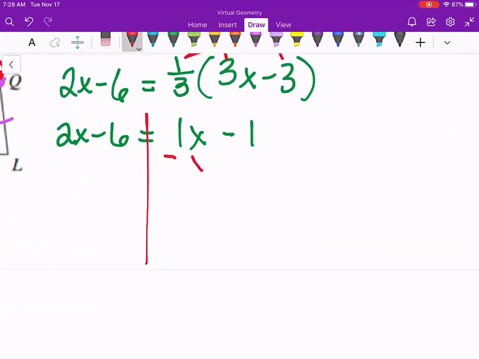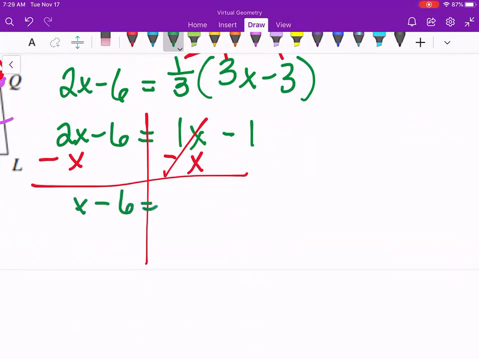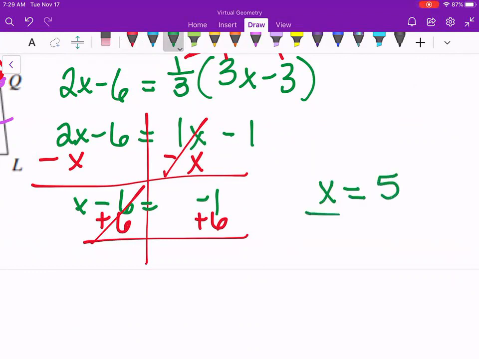So I'm going to subtract my 1x from both sides. 2x, take away one of them, leaves us with an x. We still have minus 6 and equals negative 1. Okay, now we can add the 6 back. And my x is equal to 5.